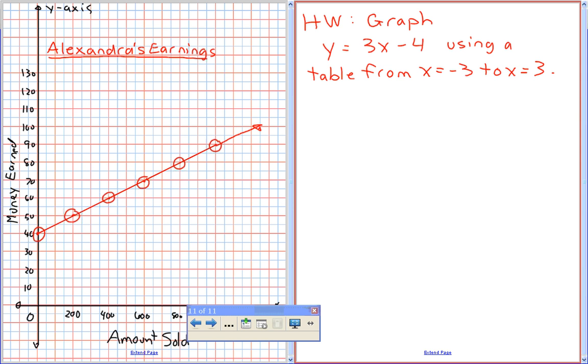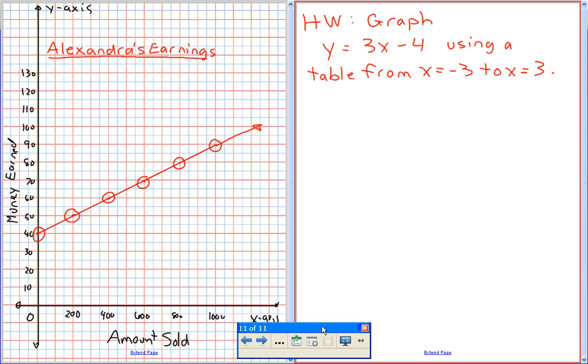Are we feeling fairly good about this? Not really? Okay. Yeah, good. Okay, graph y equals 3x minus 4 using the table from x equals -3 to x equals 3. This should be a piece of cake. I just want to freshen your brain for tomorrow when we get going again. Okay, good.